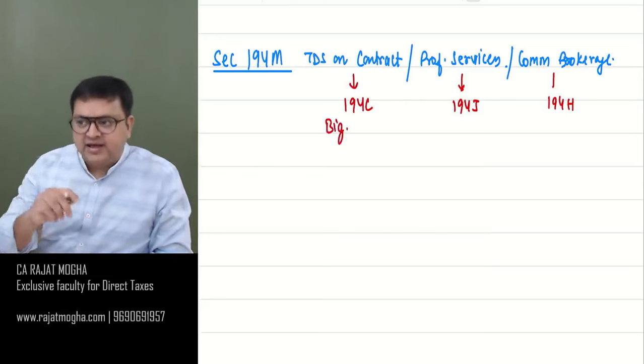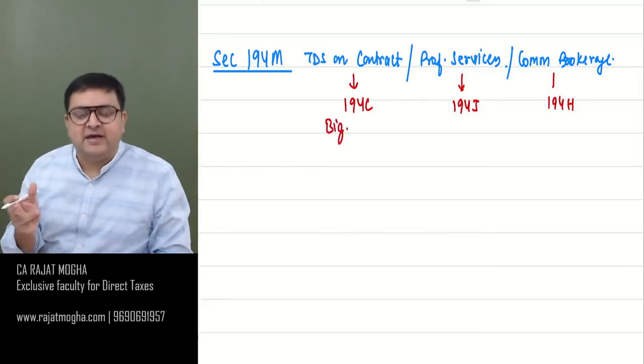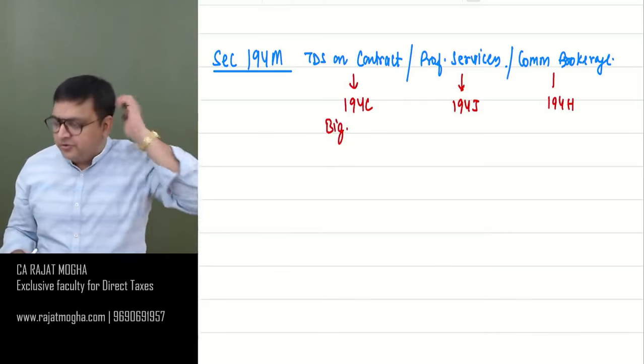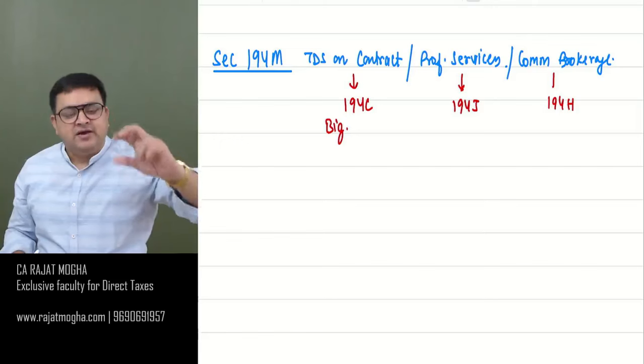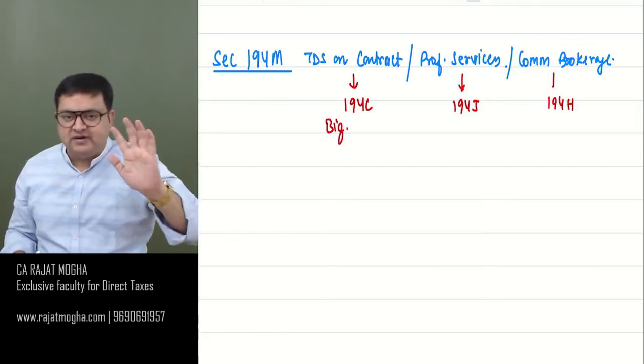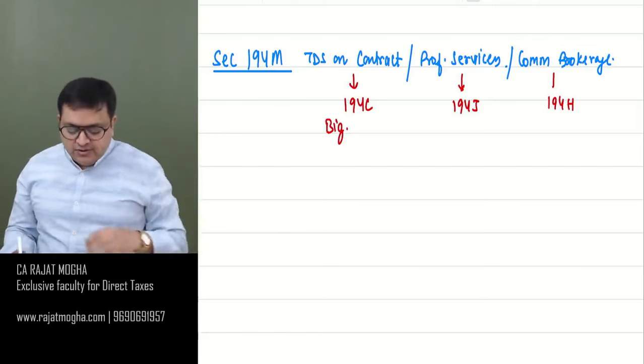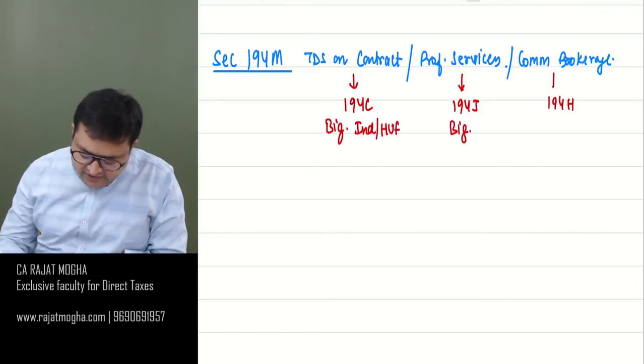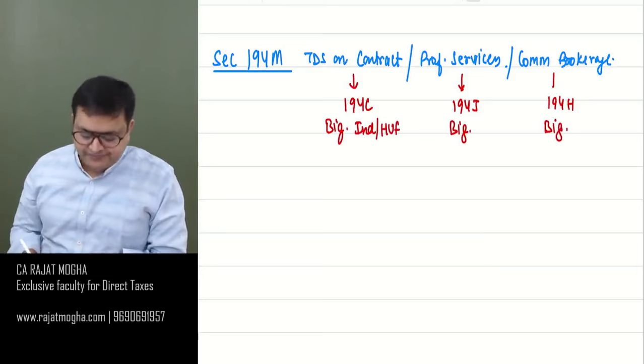For your understanding, I'm writing this big and small, but in your examination, please write in the form of turnover, whose turnover is more than 1 crore or 50 lakh as the case may be. 1 crore for business, 50 lakh for profession, right? So in 194C, only big individual or HUF can deduct TDS. In 194J, only big individual or HUF. In 194H, also only big individual or HUF.